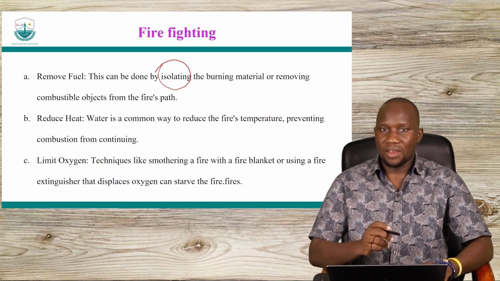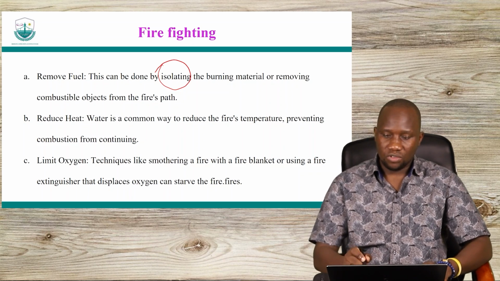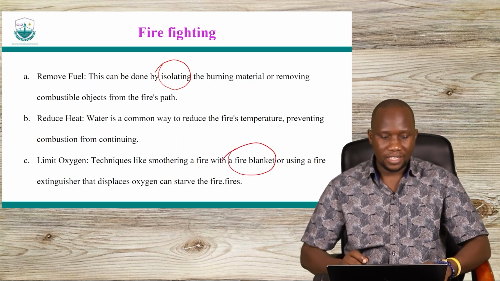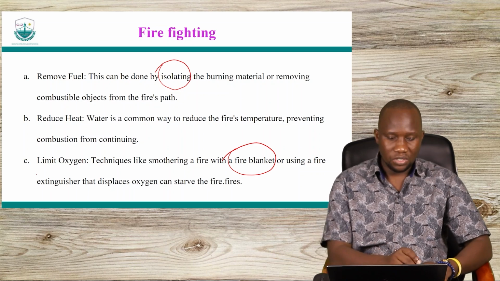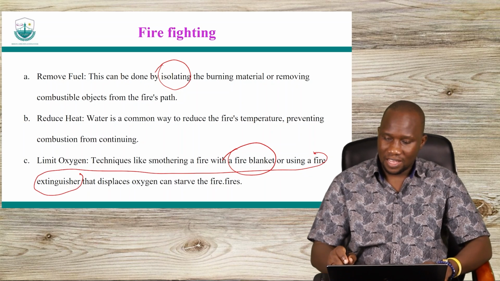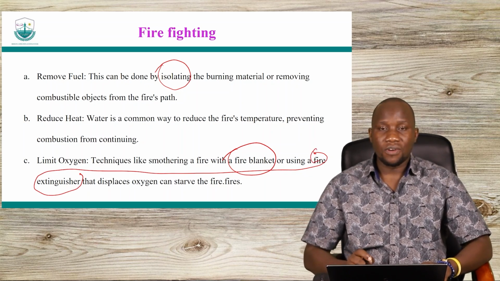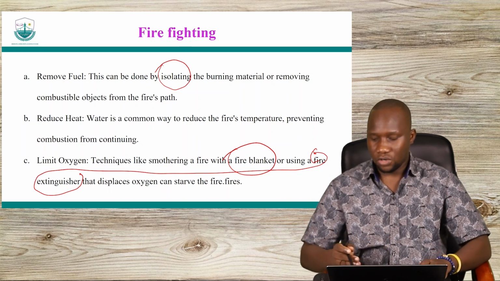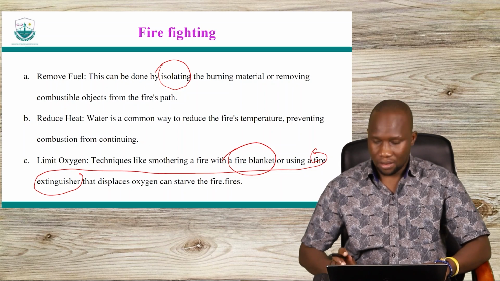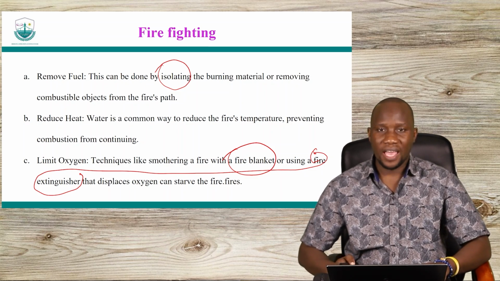Okay, and then removing oxygen. You can have what you call a fire blanket, or a fire extinguisher, which uses which gas? Tell us the gas. That is carbon dioxide, right? Yeah. So the fire extinguisher uses carbon dioxide to extinguish the fire. Okay, well, that means to put the fire off.